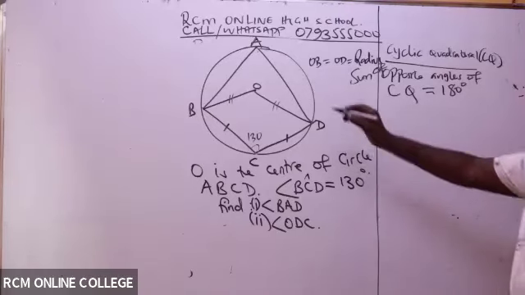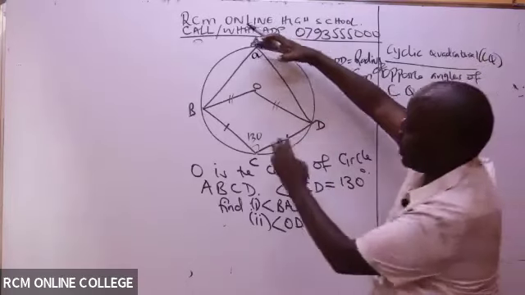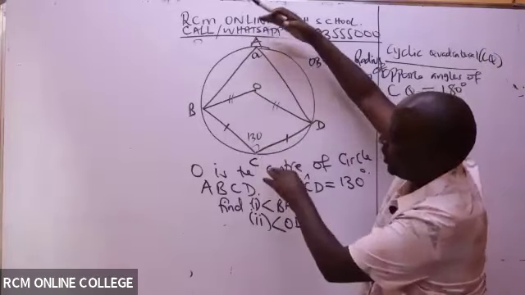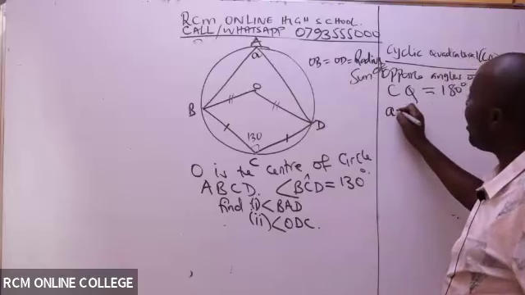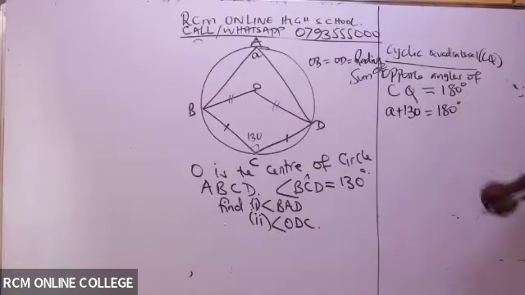So if you give this one here a small a, these are the opposite angles. It means that A plus 130 should be equal to 180 degrees.